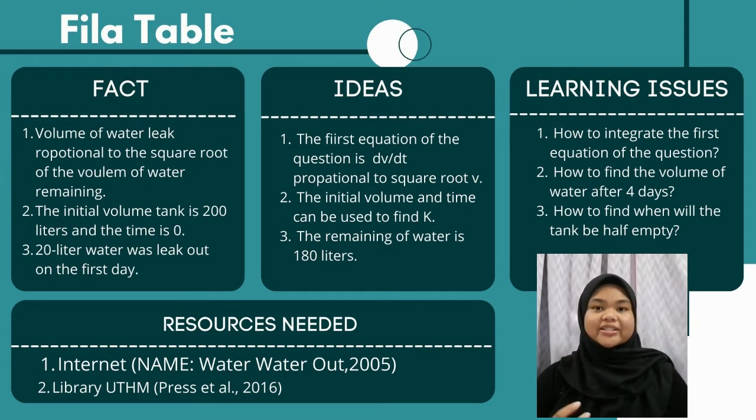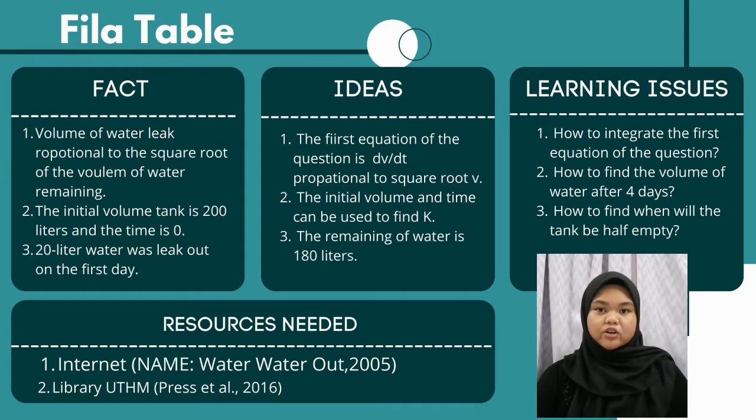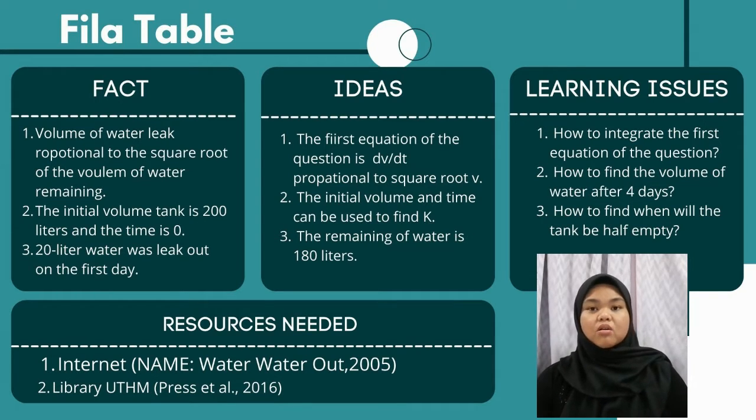So we can get the equation from that, which is dV/dt is proportional to the square root of V. Next, since the question states the initial volume of water is 200 liters and the time is 0, we can use that information to find the value of K. And last, the remaining water during the first day is 180 liters, since during the first day, 20 liters of water was leaked. So the remaining water on the next day is 180 liters.